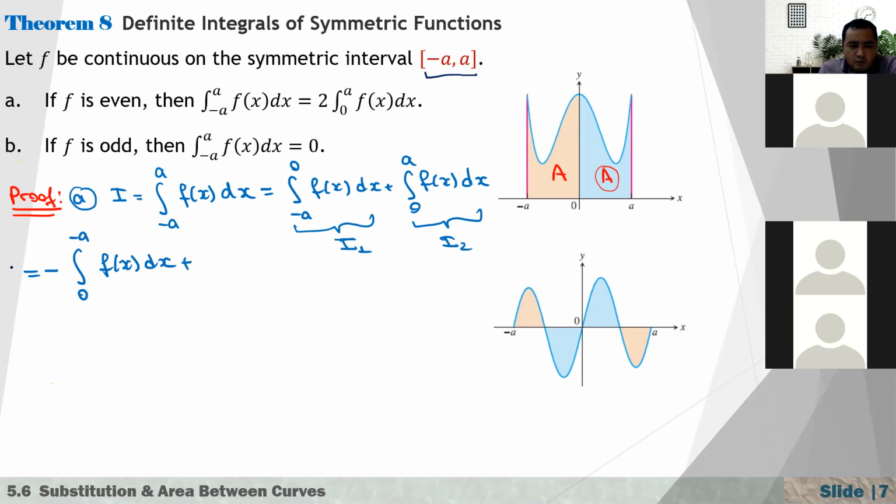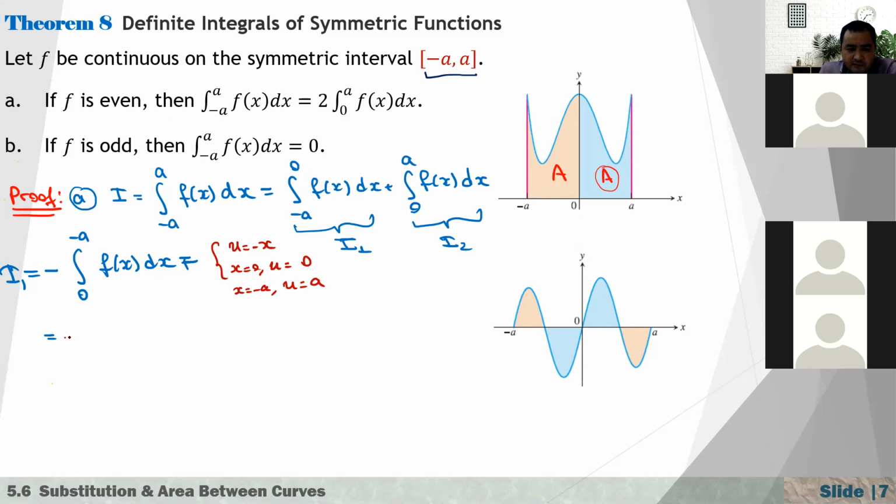And this I1 is equal to this. Now if I use the substitution method, I will introduce u equal to minus x. At the time when x equals 0, u is equal to 0. When x equals minus a, u is equal to a.